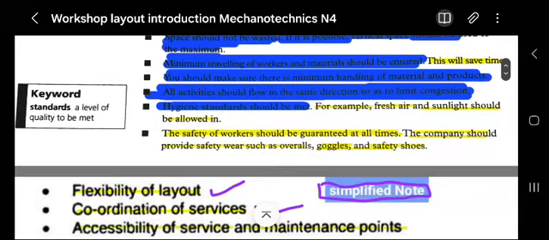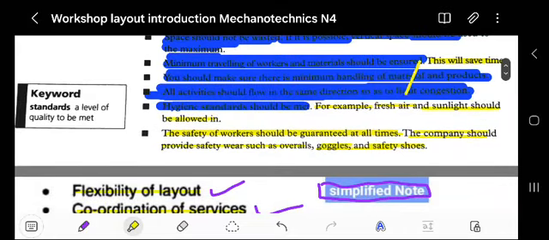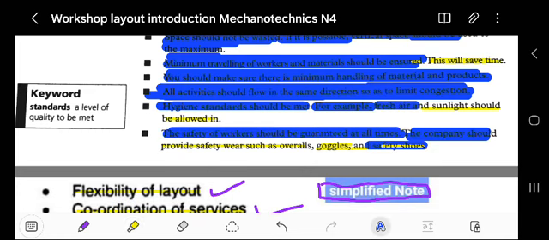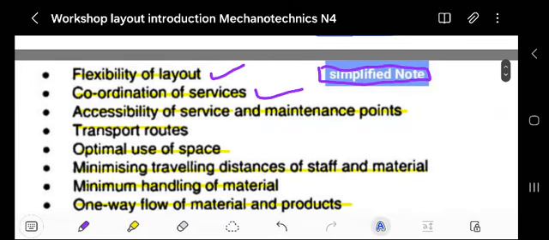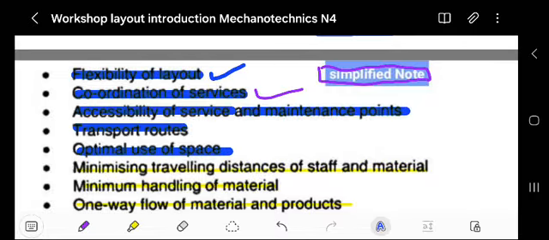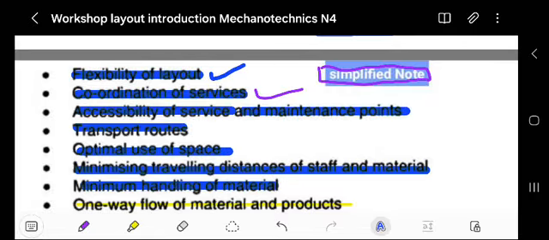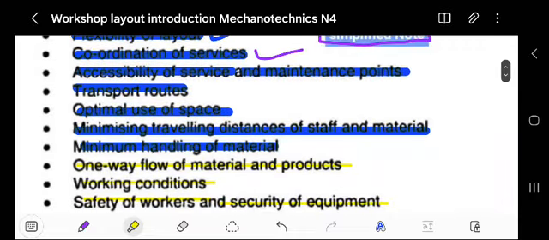All of this is simplified nicely, so as you can see, you finish your exam very fast. This is 10 points. You must know these 10 points, guys.